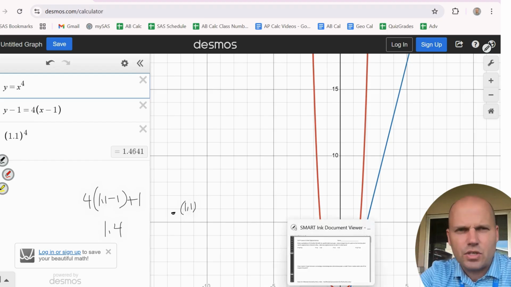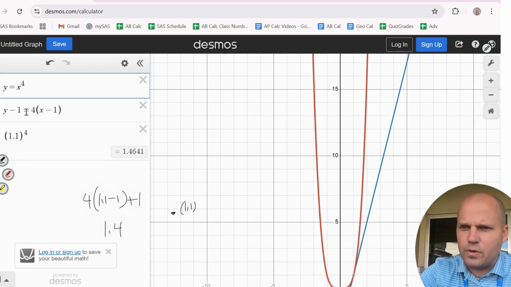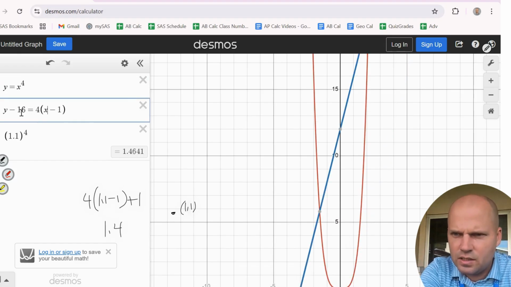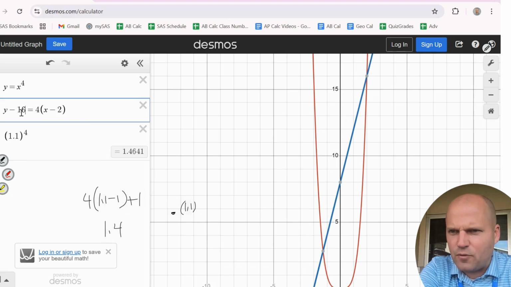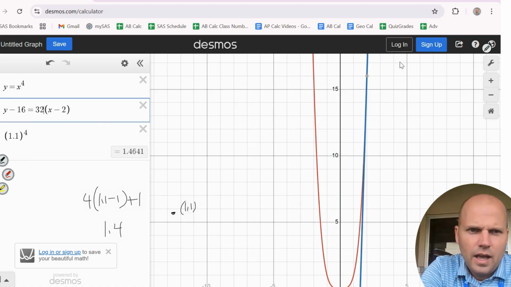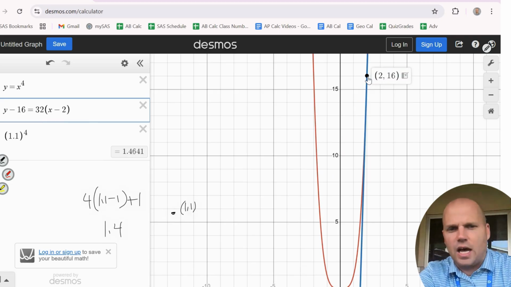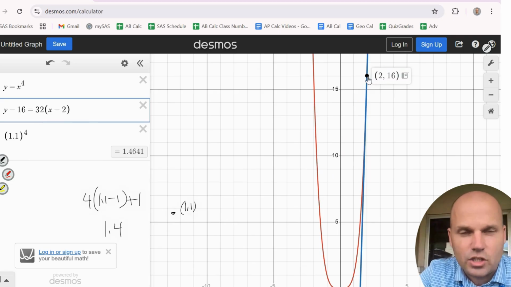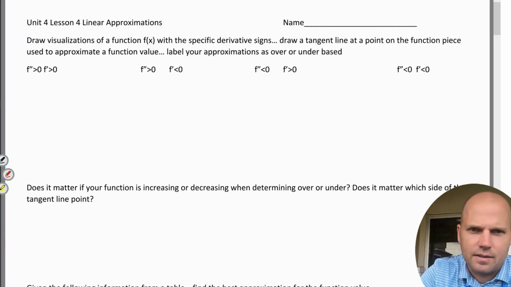I would instead use a new tangent line that maybe is centered around 2. We have the point 2, 16. And we would be able to find the slope using 4x cubed, which would be 32. And boom, I would use this line to approximate points close to that line. Okay, and that's the lesson.